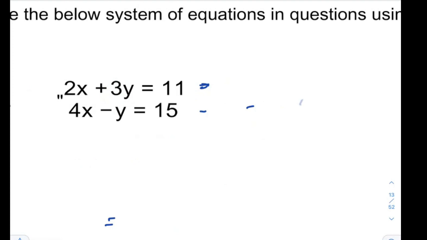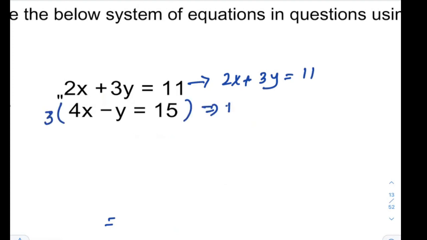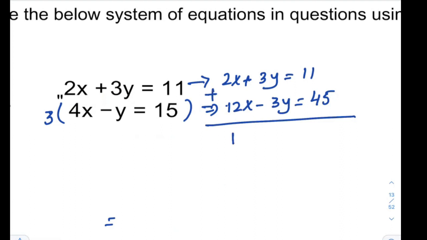Again, I will keep the first equation the same. The second equation will be multiplied by the 3. So it will be 12x minus 3y is equal to 45. Now let's add. This will be 14x equals 11 plus 45.